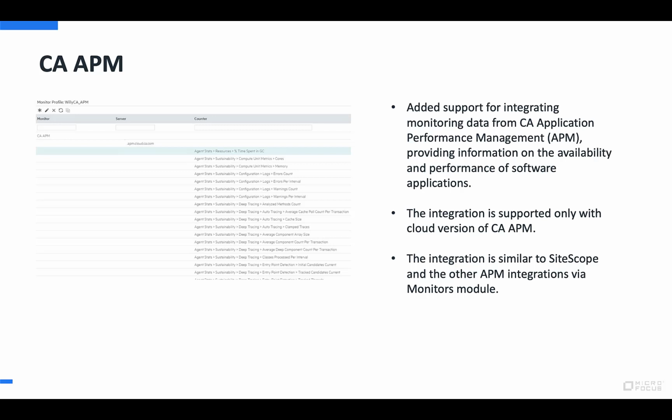From 1255 through 1257, we added integrations to 3 different APM solutions: Dynatrace, New Relic, and AppDynamics. We added another one in 1262, which was CA APM, formerly known as Wily.